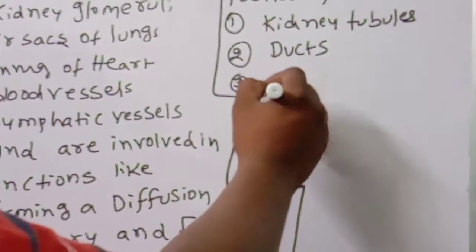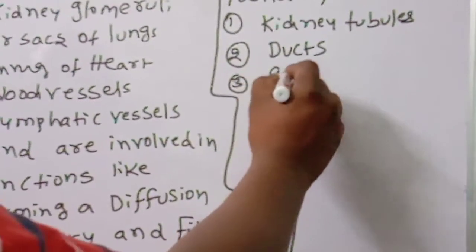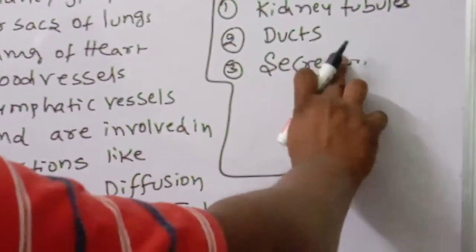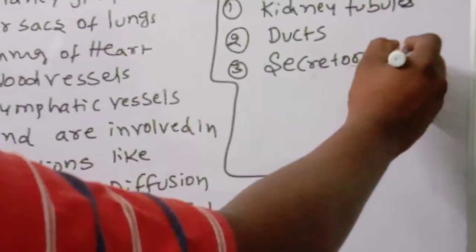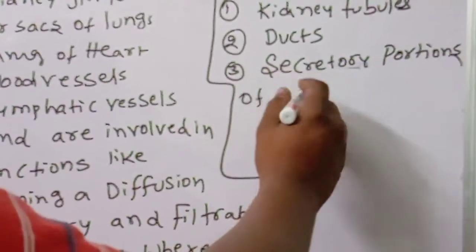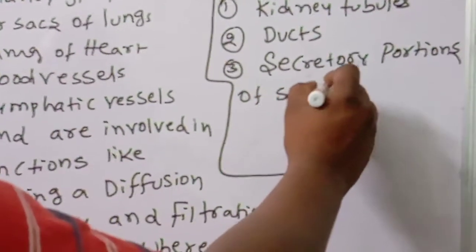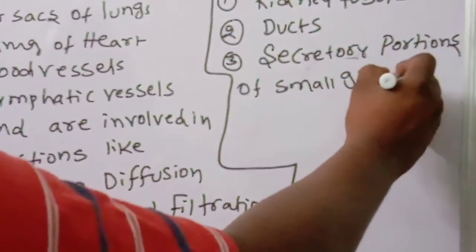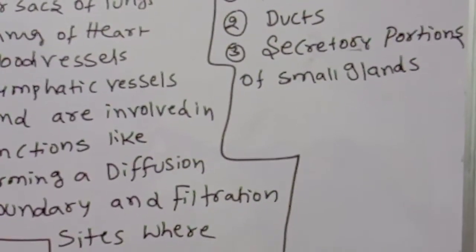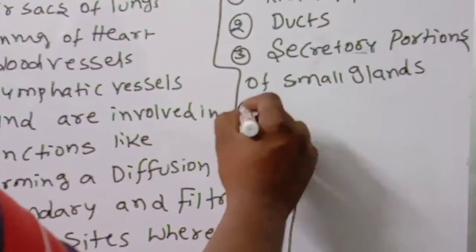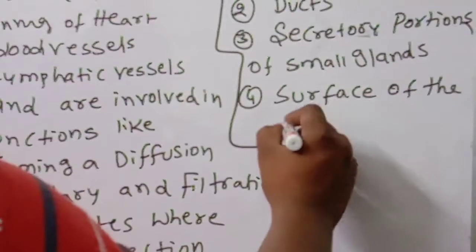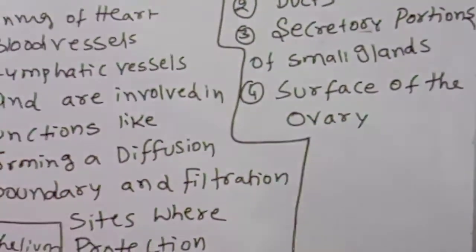Number three, secretory portions of small glands. This point also you should remember. And surface of the ovary. This point also you should remember.